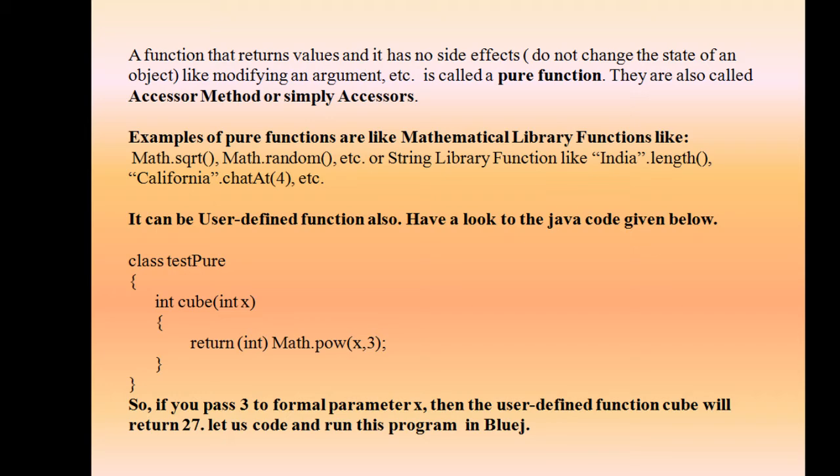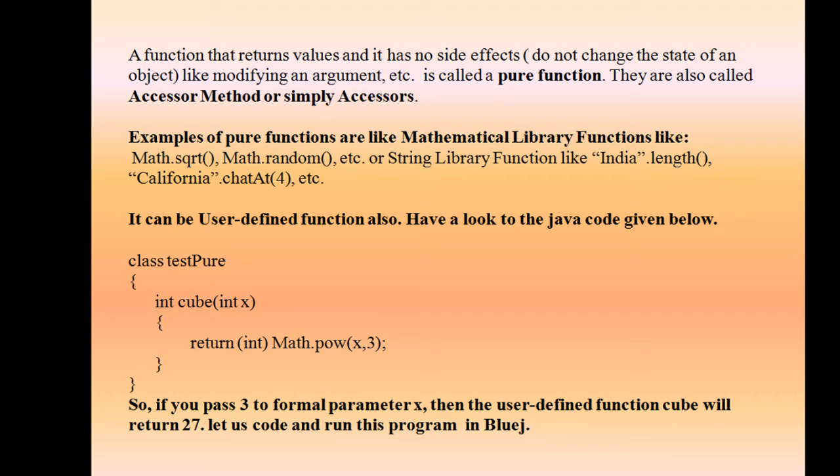So it has no side effect, it does not change the state of an object by modifying an argument, and it is called a pure function. They are also called accessor methods or simply accessors.